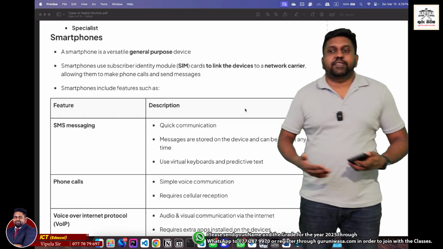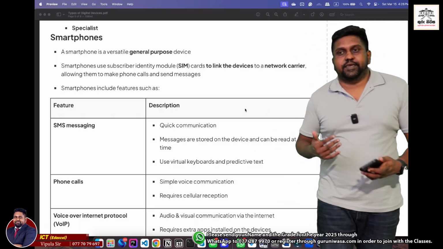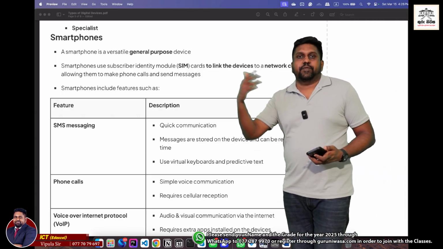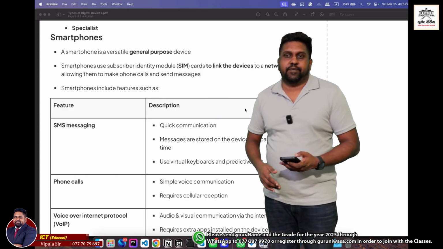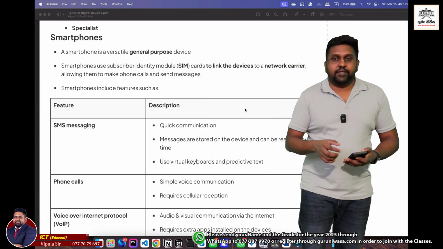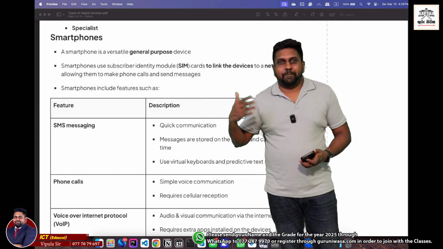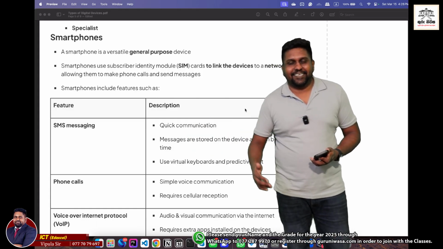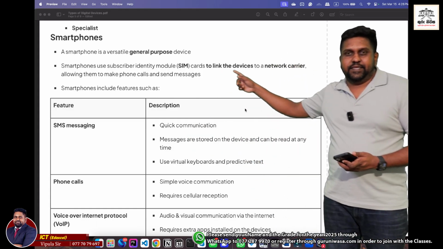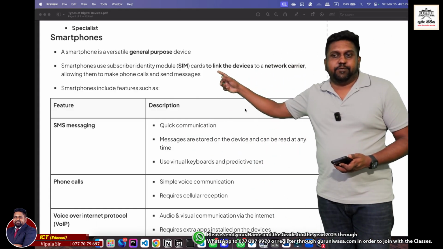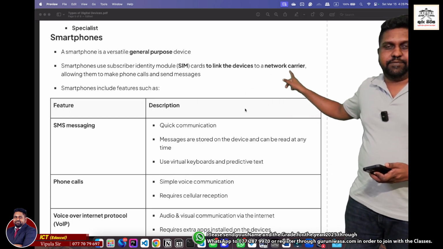Using the SIM, we announce who we are to the cellular provider, and that will get us the connection. This is the method that links the device to a network carrier.